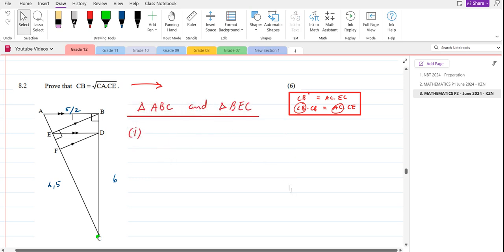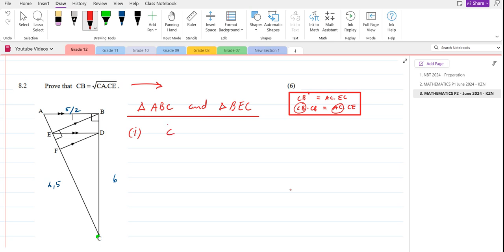Right, so what we can say is angle C is common. Number two, we can say BEC is equal to ABC is equal to 90 degrees. That's given.